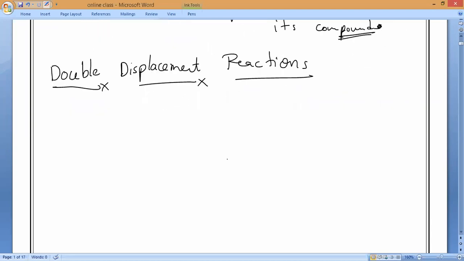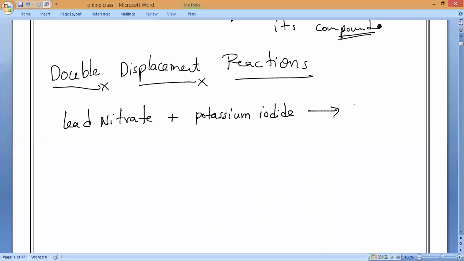You can check your classwork. Let me write the word equation: lead nitrate will react with potassium iodide.